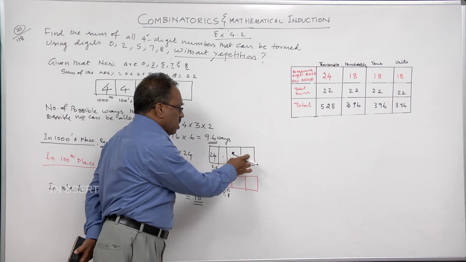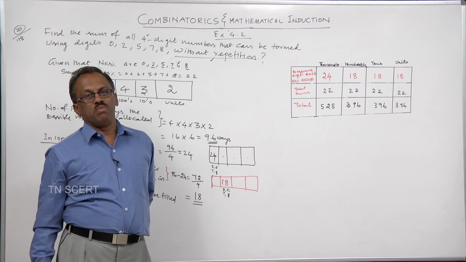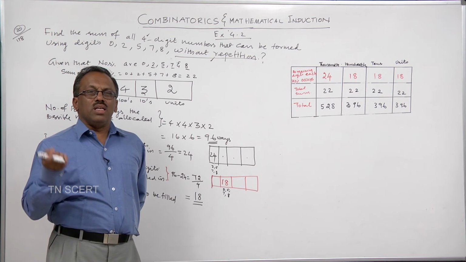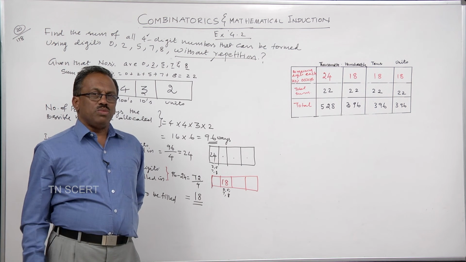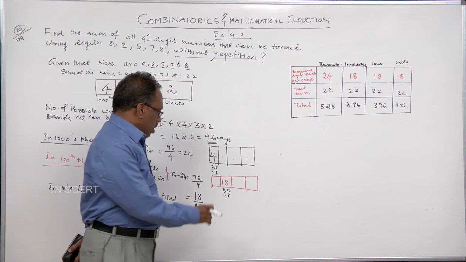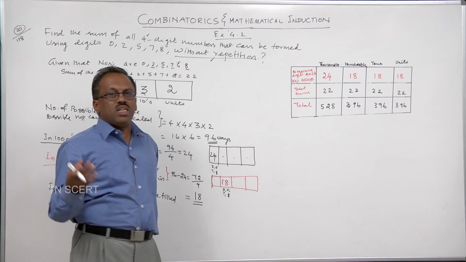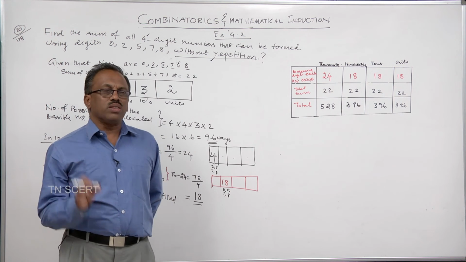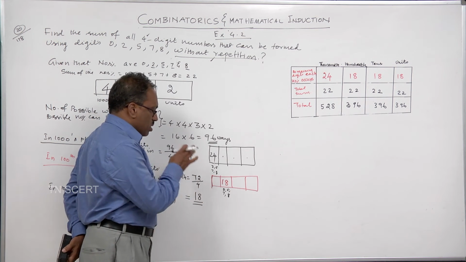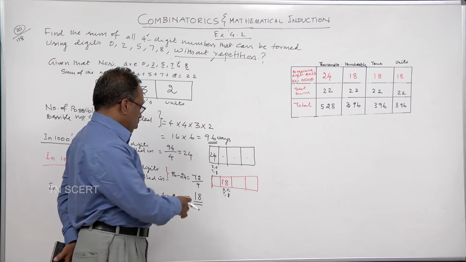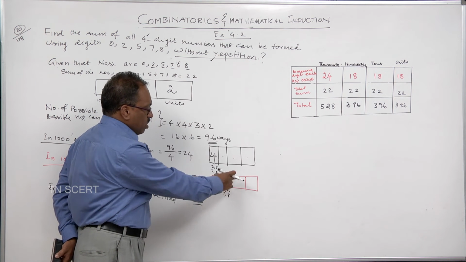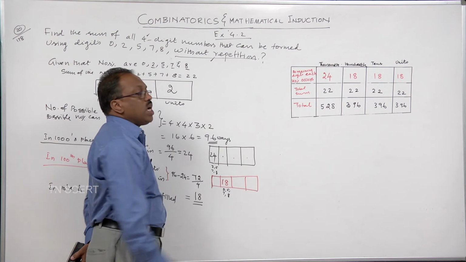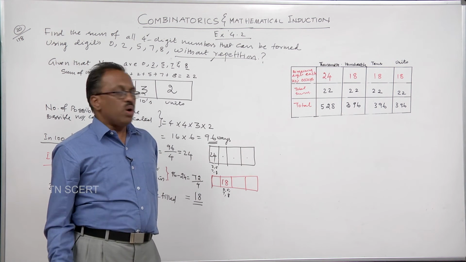So the remaining entries are filled by 18 only. Why did this happen? Because of 0. If it were other than 0, then for everything it would be 24 only. Because of 0, this was reduced to 18, because after subtraction it should be allocated to the hundreds place, tens place and units place.